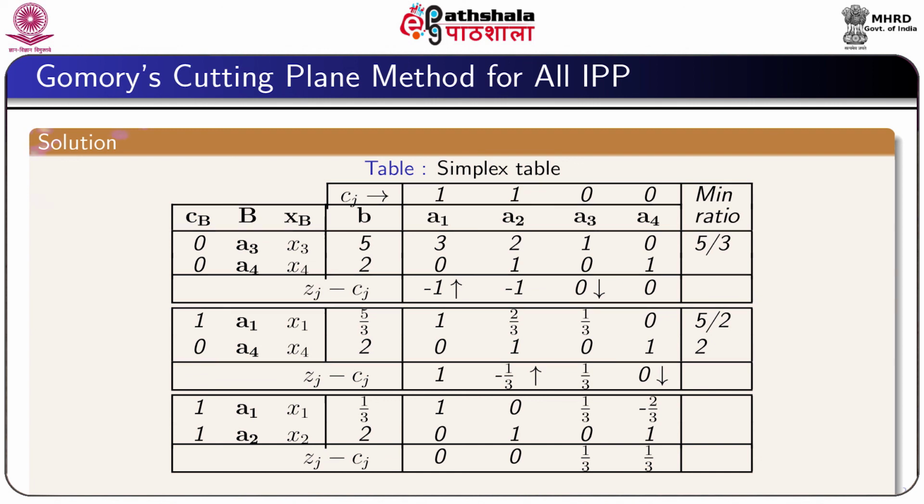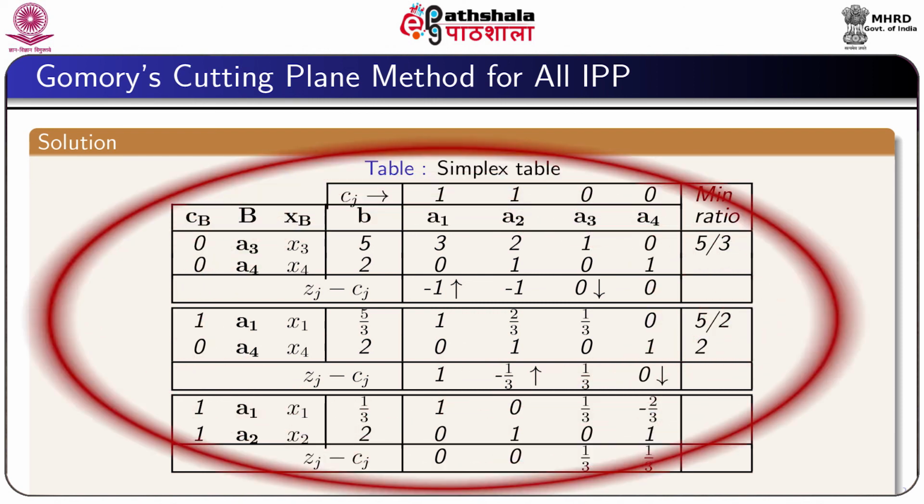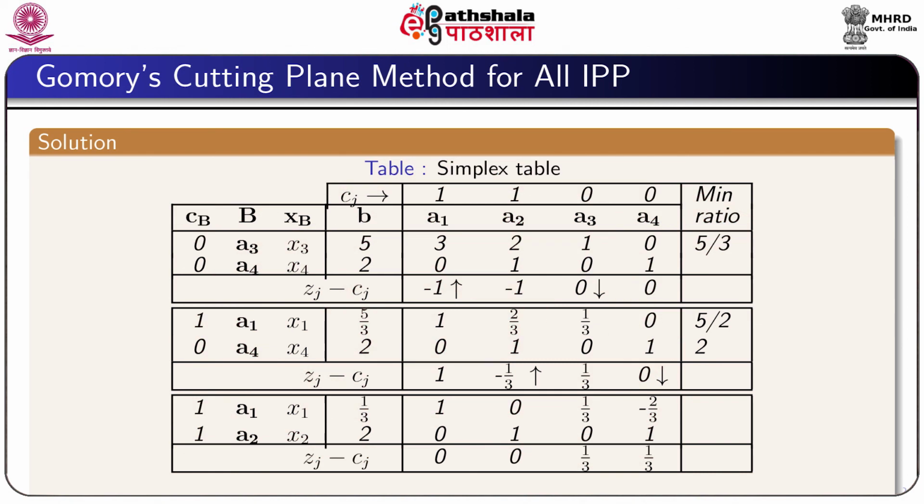In the first iteration, we see that from the zj minus cj values, z1 minus c1 as well as z2 minus c2 are negative and both are equal. So, arbitrarily we choose z1 minus c1, and obviously a1 will be the entering vector, and from the minimum ratio we see that a3 will be the departing vector.